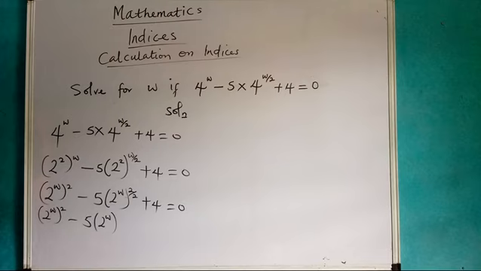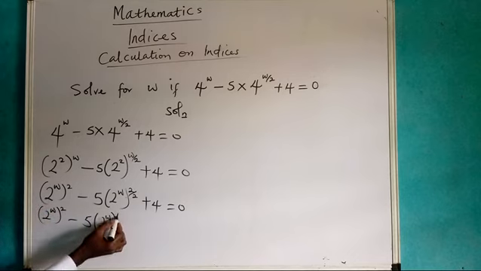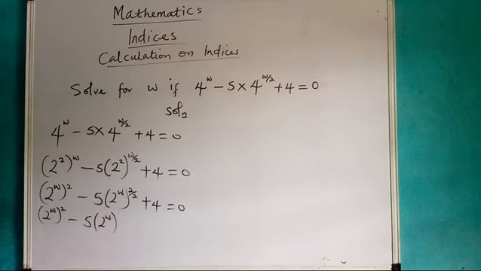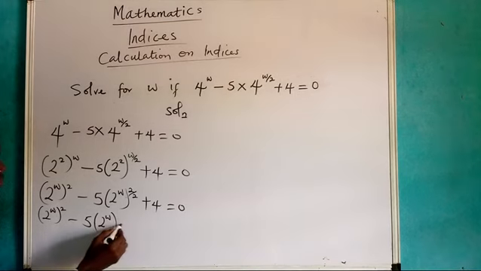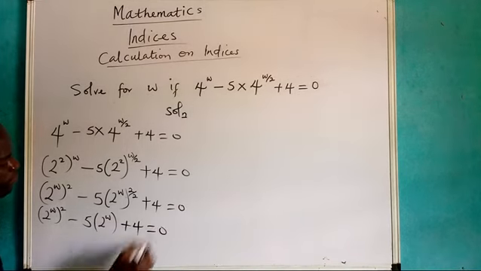The 1 inside is 2 power W. For this one, 2 divided by 2 is 1. It's already out of it. I can still have it as 1 if you still want to write it. Now don't forget we still have plus 4.